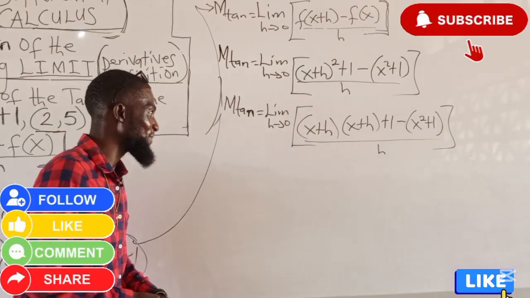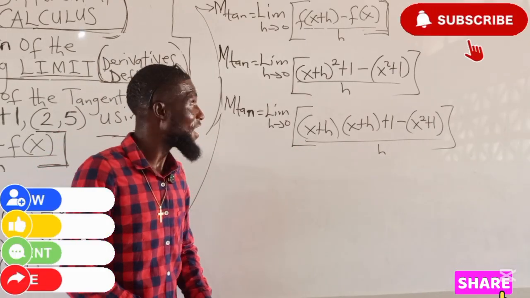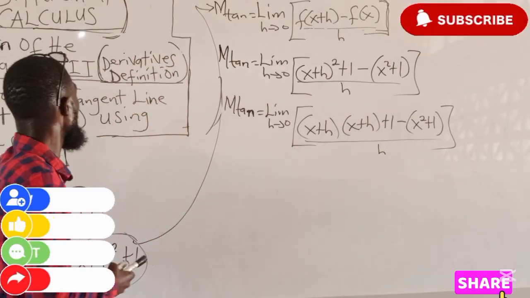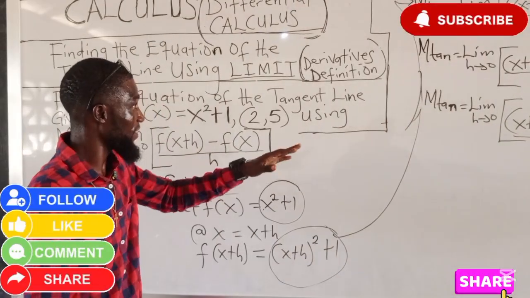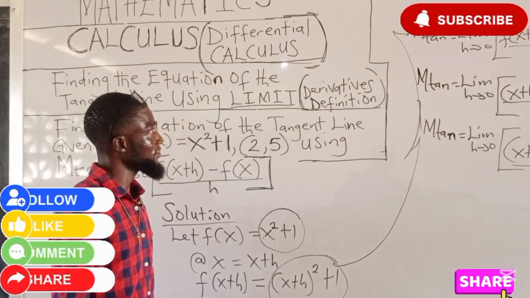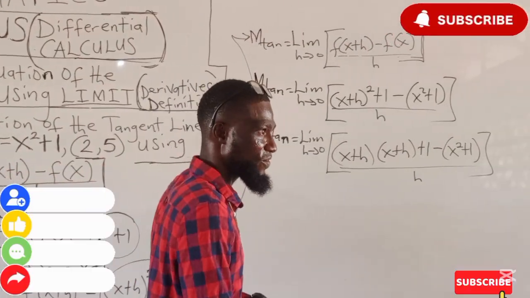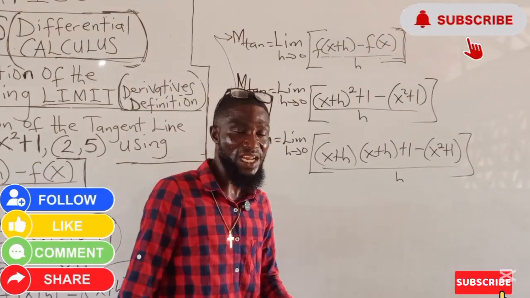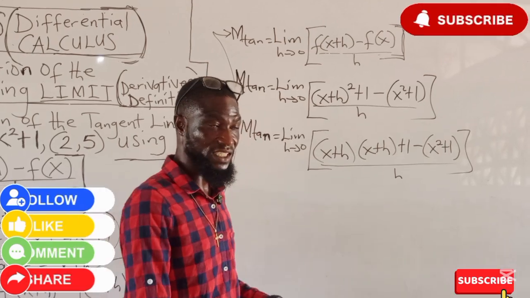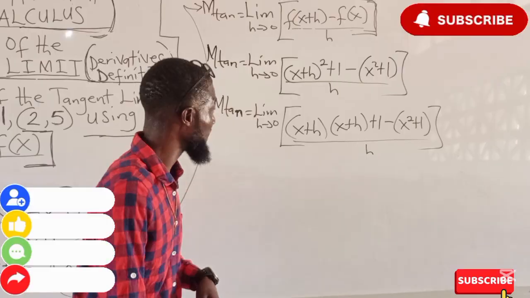So ladies and gentlemen, we'll be looking at this to solve our mathematical problem. Remember, we are solving this mathematical problem in differential calculus. And differential calculus was introduced by Sir Isaac Newton and Gottfried Leibniz, and later formalized by one of the greatest mathematicians, Augustin Louis Cauchy, specifically in 1821.